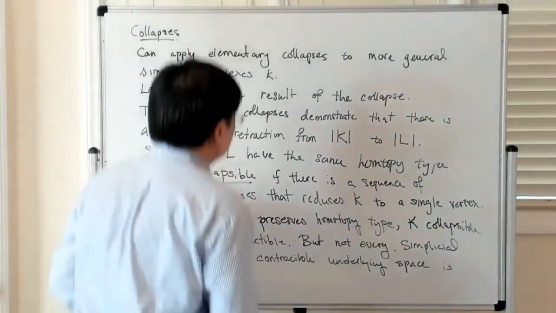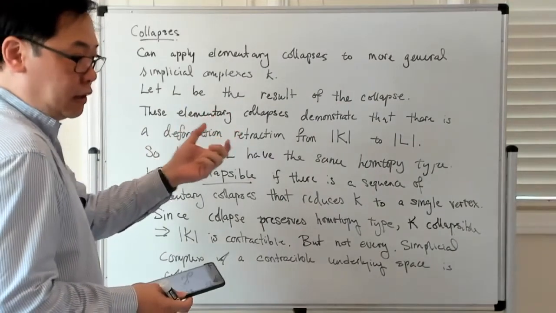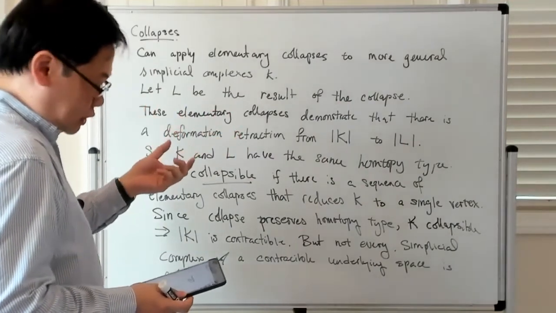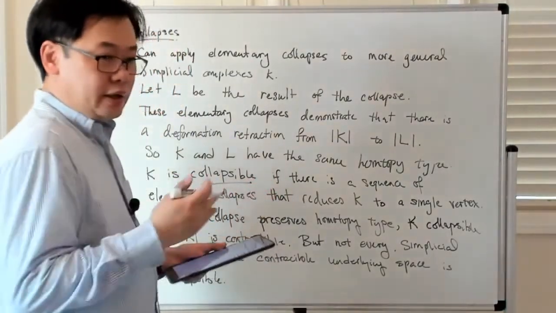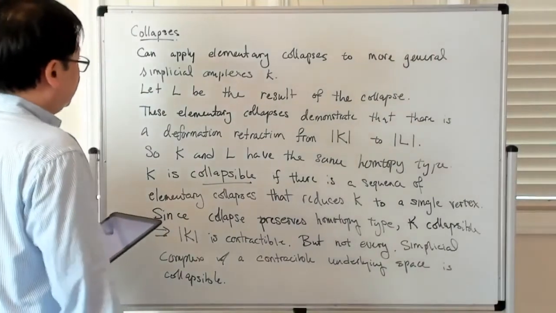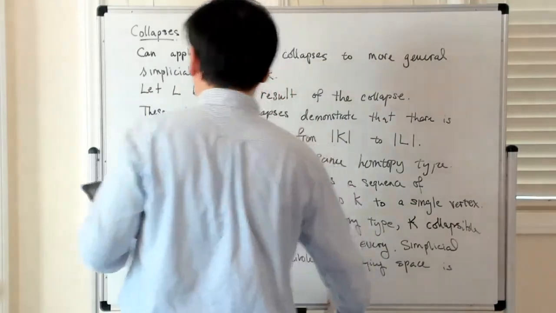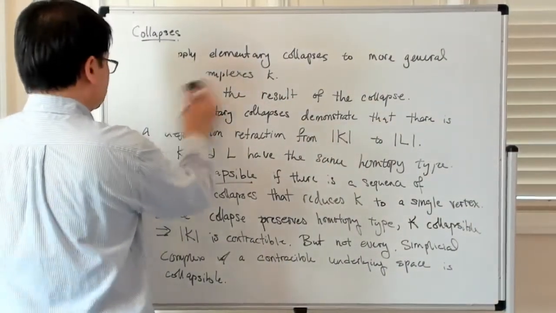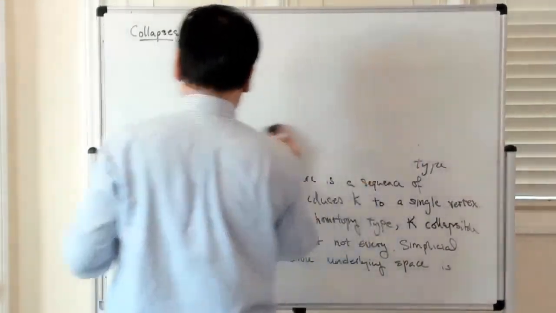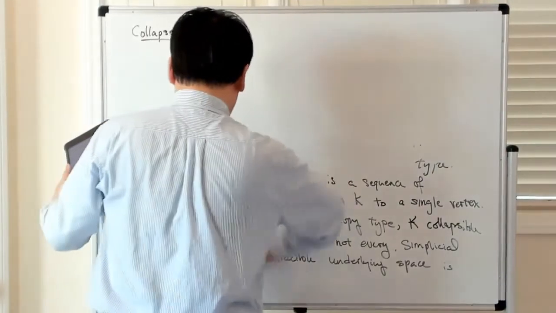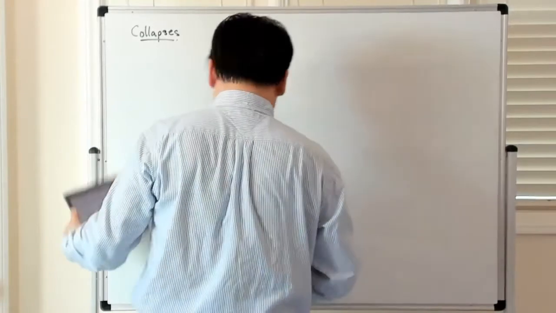So far we've been talking about elementary collapses, from a simplex of dimension k plus 1 to a simplex of dimension k. As you might expect, you can generalize this idea to simplex pairs which differ by more than one dimension. So let's state that and then see when that is actually possible.